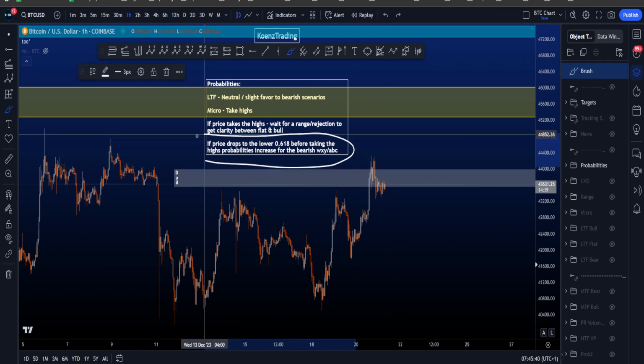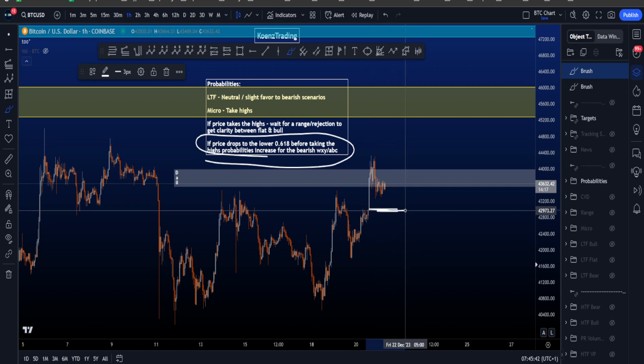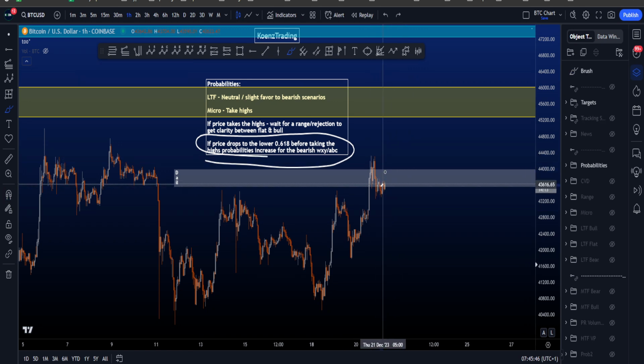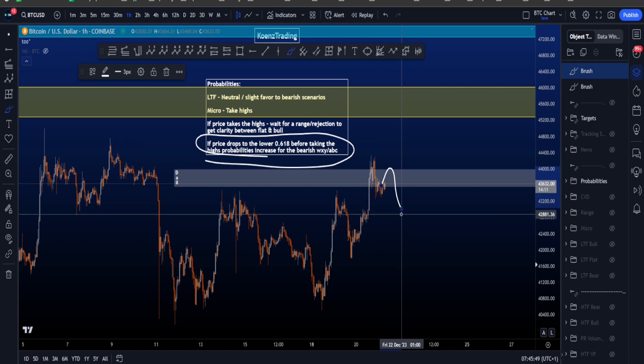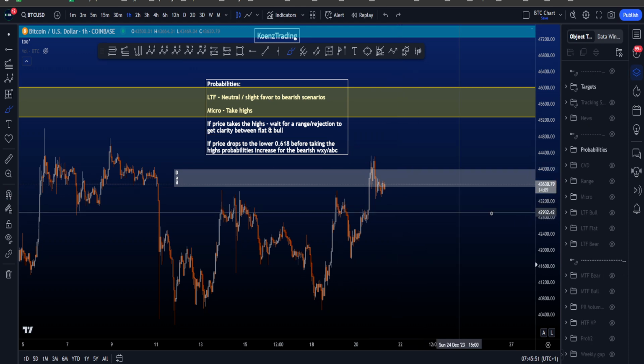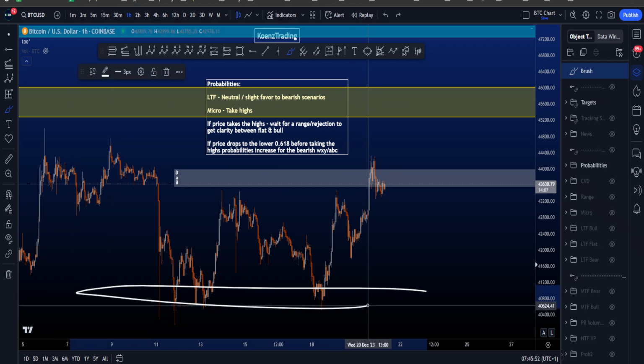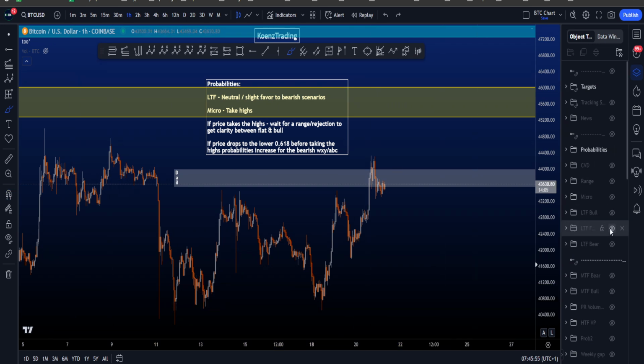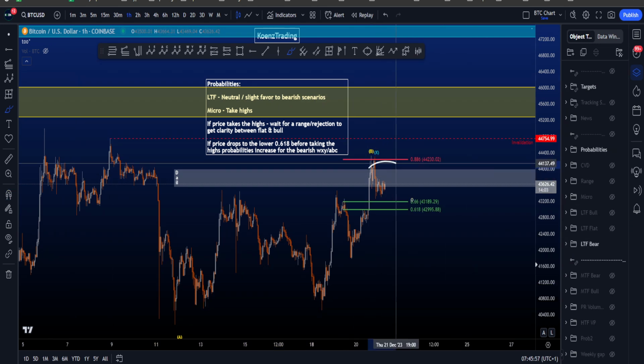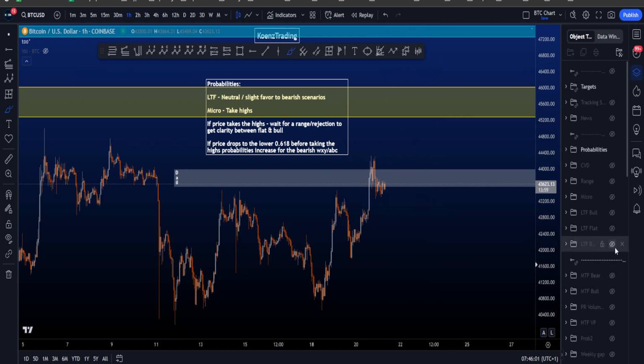However, if price drops to the lower 0.618 before taking the highs, right? So doing this, the probabilities will increase for the bearish scenarios and continuation to the lower end of the range, where we're going to be looking for this scenario here, right? Wave C to the downside or wave Y to the downside.